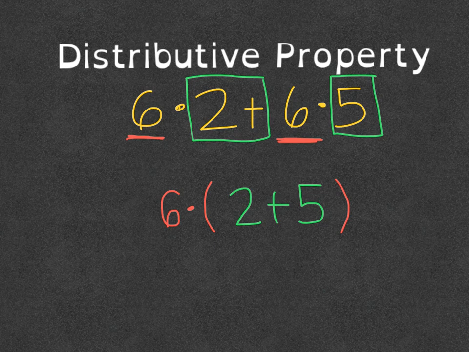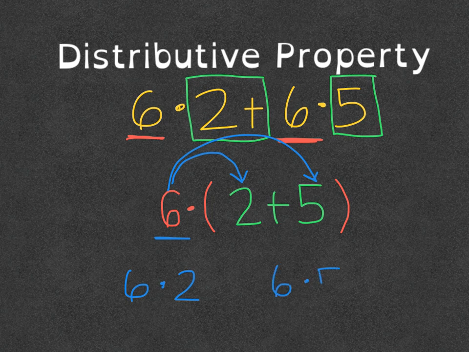If I wanted to distribute that 6 back out, I would grab it and I would go 6 times 2, and then I'd distribute it to the 5, 6 times 5.